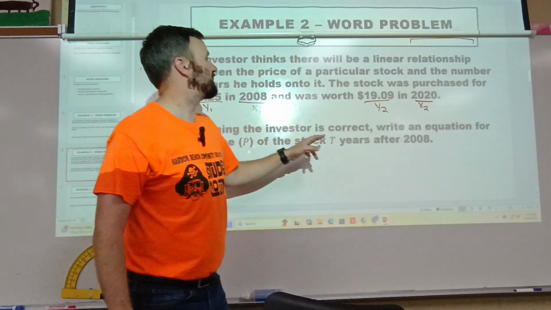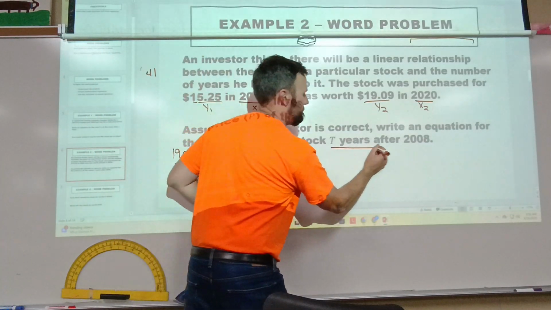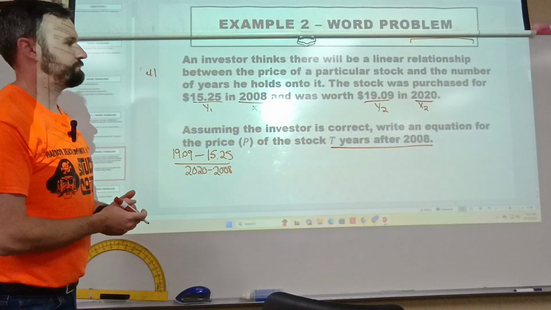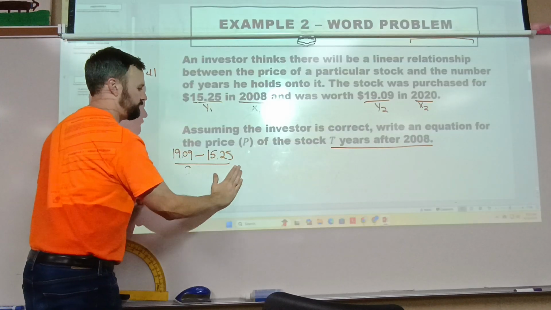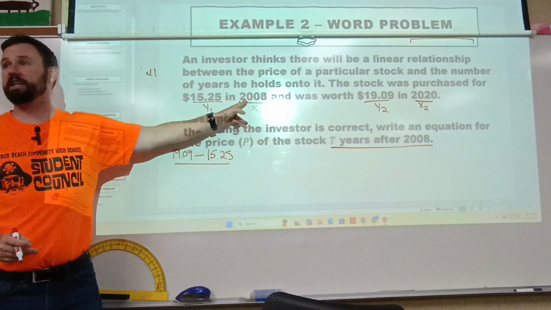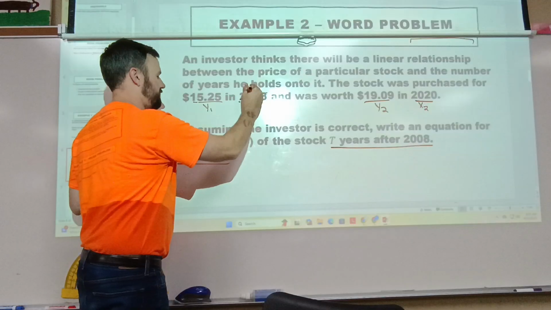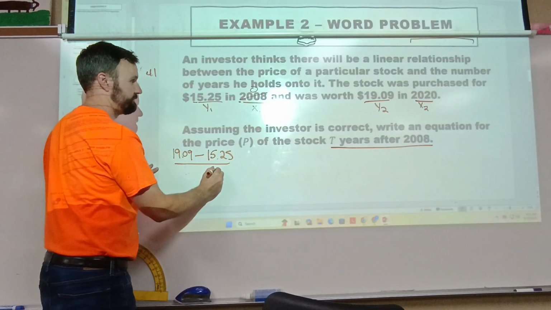Could I have treated that as 0 and that as 12? Actually, I do have to do that. Why? What does he want to do? Years after 2008. How many years after 2008 is 2008? 0.